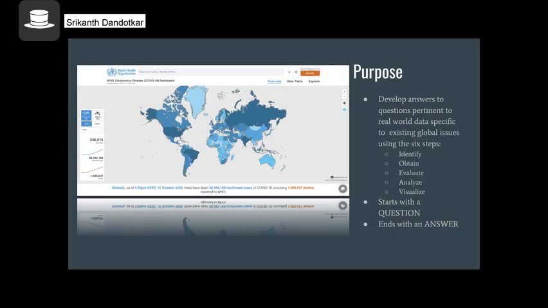Well, let's dig deeper and try to understand the bigger purpose, the main purpose of this course. The main purpose of this course is to learn skills specific to answering questions. It starts with a question.